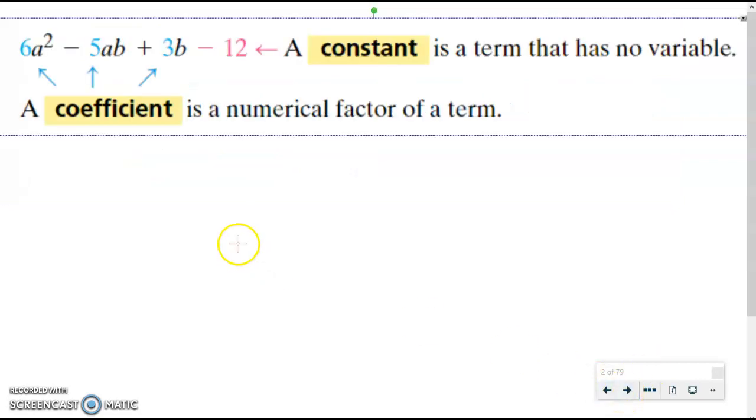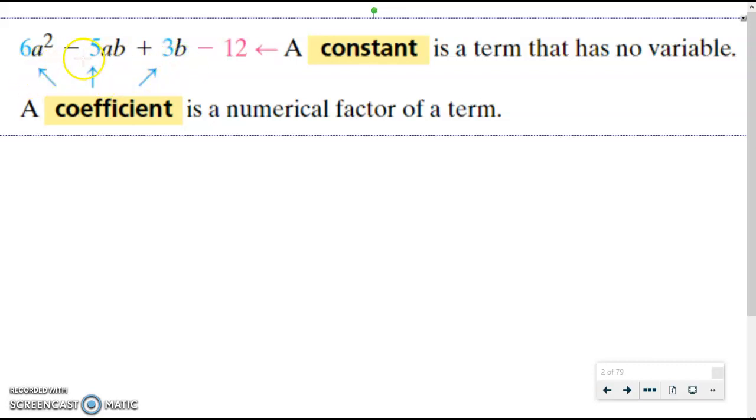So first, I want to talk about a constant. A constant is a term that has no variable. All constants are like terms. Now, the terms that have variables, they have a coefficient. It's the numerical factor of a term. So here you've got 6a squared, minus 5ab, positive 3b.